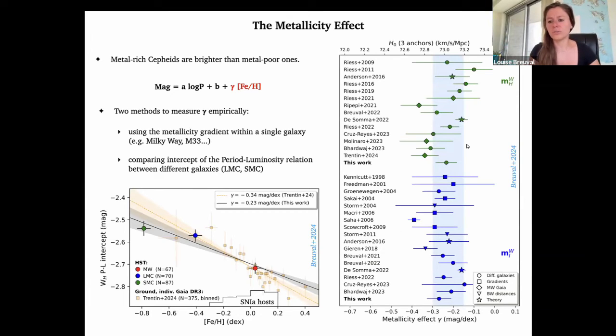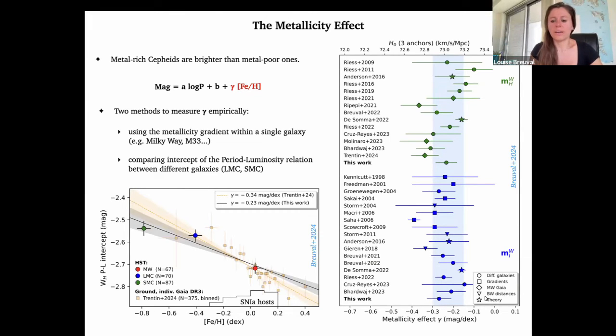And overall, in two filters, so MHW is more the infrared, and MIW is more of the optical, there's quite a good consensus for this value between minus 0.2 and minus 0.3. The negative sign means that metal-rich Cepheids are brighter than metal-poor ones.